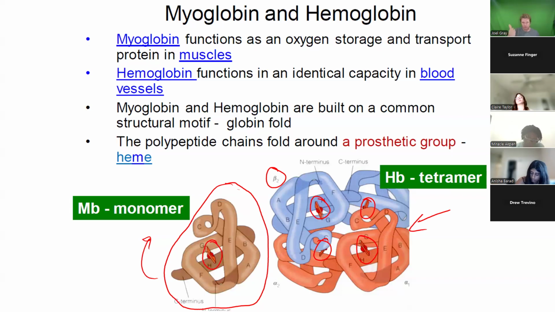So heme, this molecule, helps this protein, myoglobin or the hemoglobin subunits, do something, and that something is to bind O2. Without heme, myoglobin and hemoglobin are not going to bind O2 very well. Can they do it? Maybe, but it's not going to be a very strong connection. Whereas with heme and the iron ion in the center of it, they're very effective at binding O2.